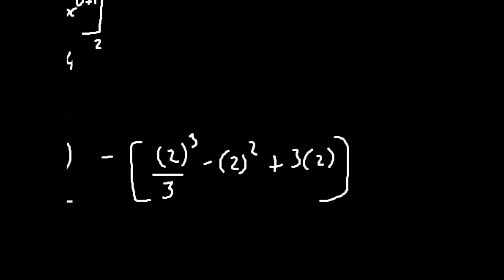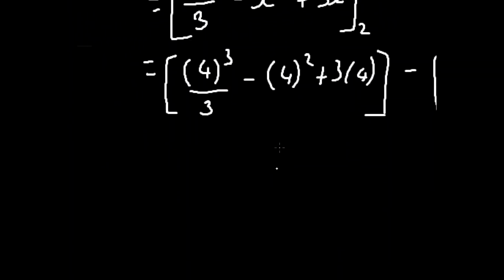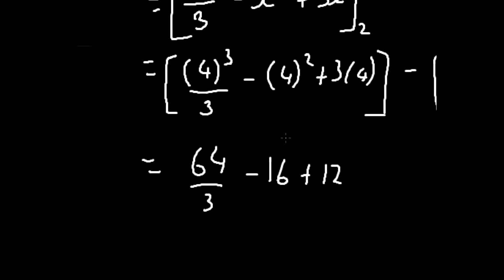Okay, so now it's just like a lot of mental maths and fractions. So 4 times 4 is 16, and times 4 again is 64. So that means that it's 64 divided by 3 minus that 16 plus 12.